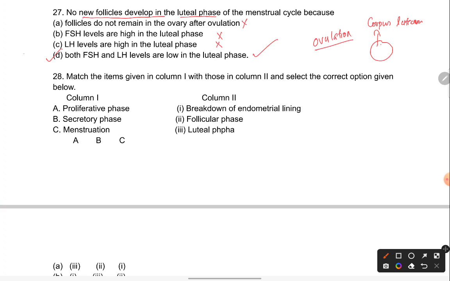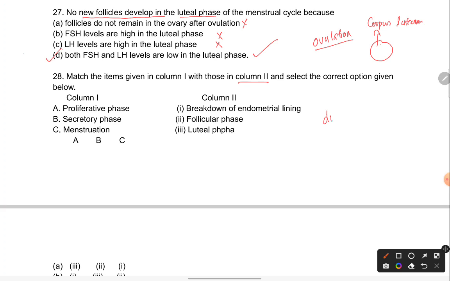Now match the items given in column 1 with those in column 2 and select the correct option from the options given below. A, proliferative phase. What is the proliferative phase? Proliferation or division.